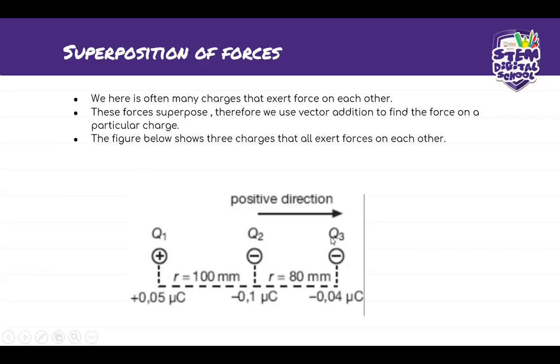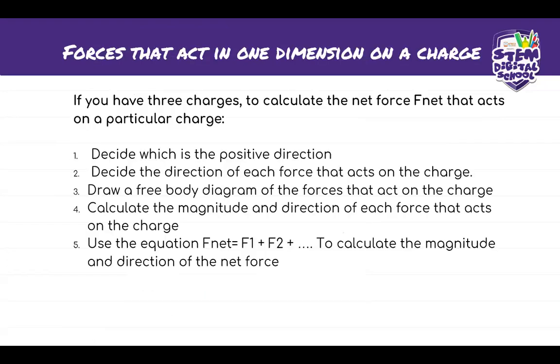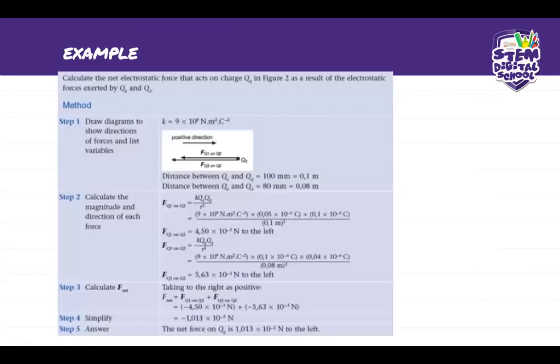So here we've got an example. It says here, calculate the electrostatic force that acts on a charge Q2 in the figure that we did here, which is this figure right here, Q2, as a result of the electrostatic forces exerted by Q1 and Q3.